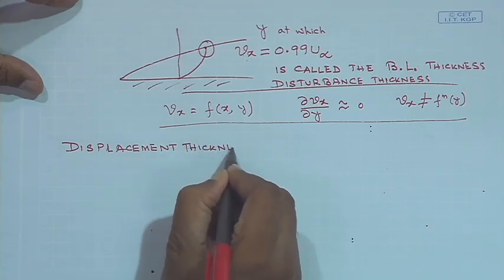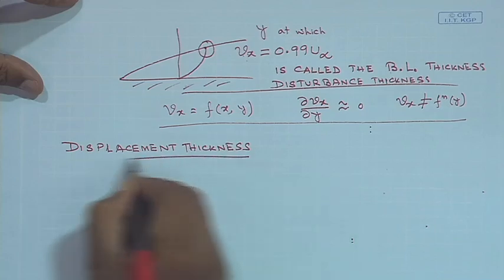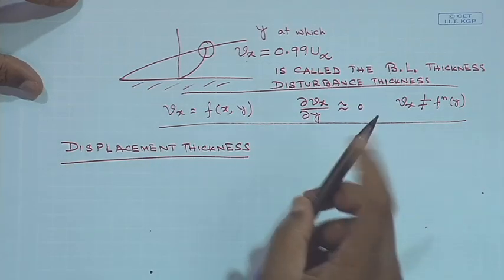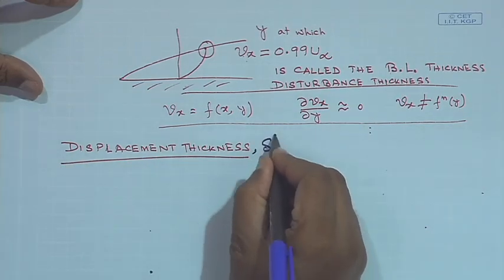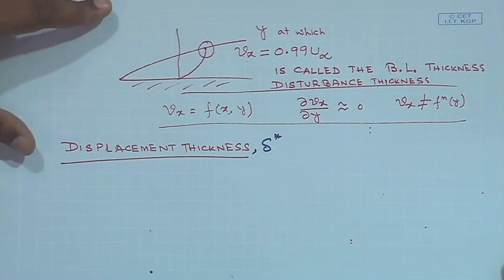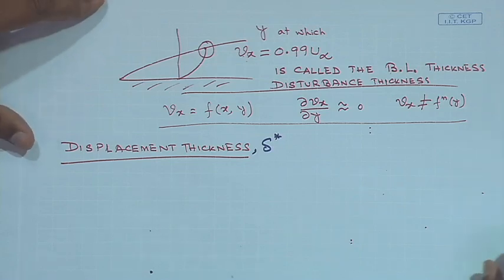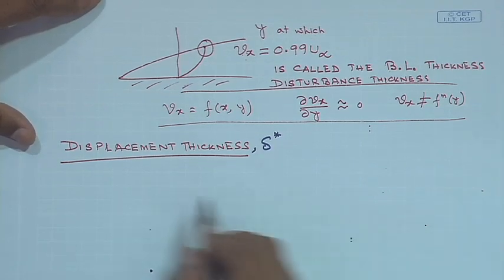So, what is displacement thickness? That is what we are going to find next, and it is generally denoted by the symbol del star. Okay. So, we would see what it is.